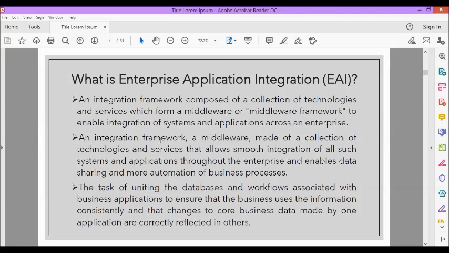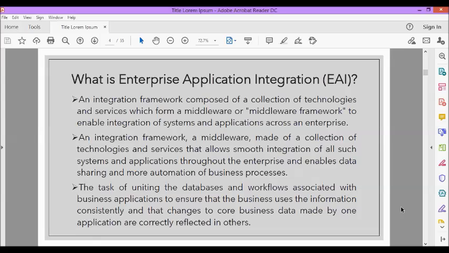It is an integration framework, a middleware made of a collection of technologies and services that allows smooth integration of all such systems and applications throughout the enterprise and enables data sharing and more automation of business processes. It is also the task of uniting the databases and workflows associated with business applications to ensure that the business uses the information consistently and that changes to core business data made by one application are correctly reflected in others.